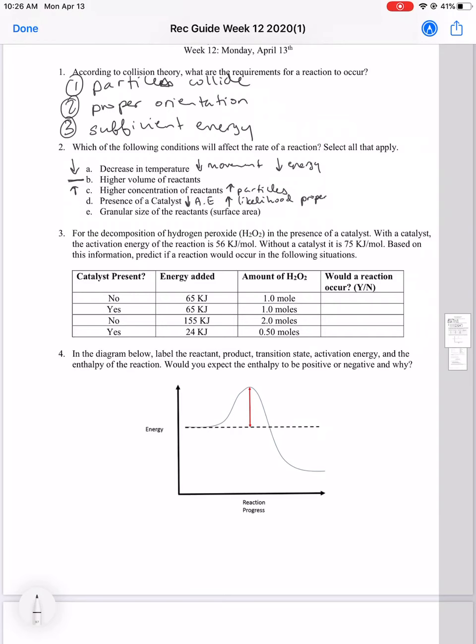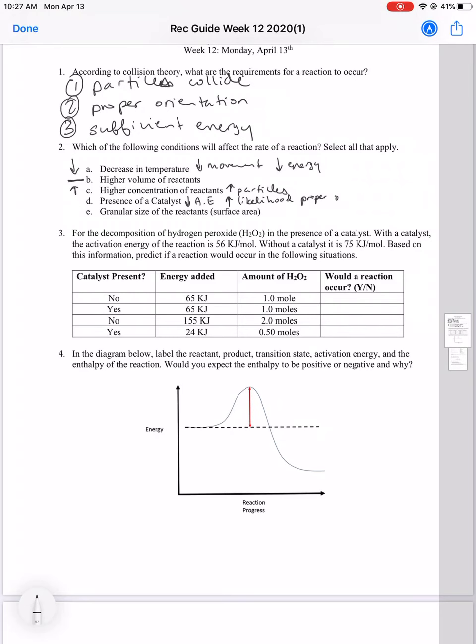Since the amount of activation energy needed is going down, the likelihood that the particles have sufficient energy is increasing.